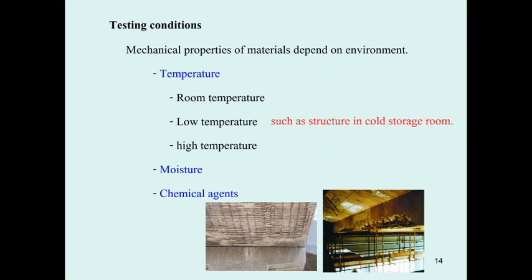For example, if you use the steel in a cement production factory, that is going to have very high temperature there. So you have to consider that it's going to affect, and then you have to test the steel with that high temperature, with that low temperature.